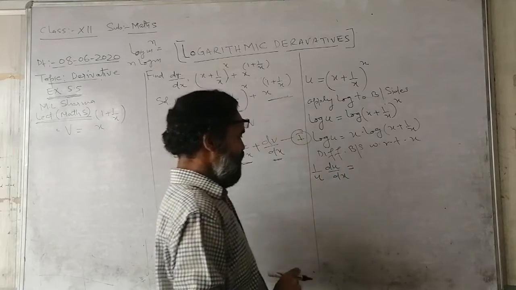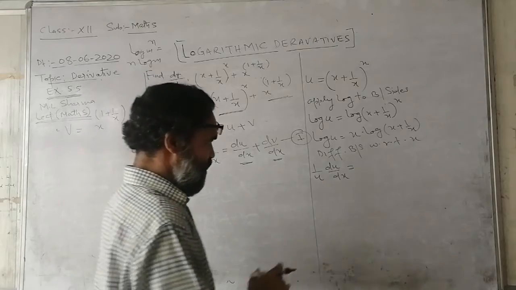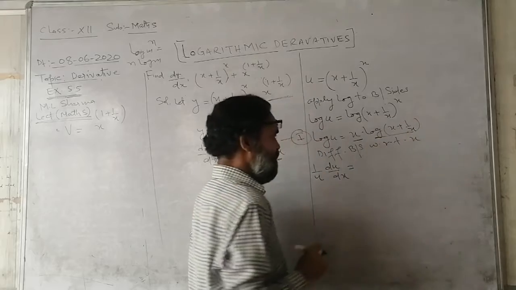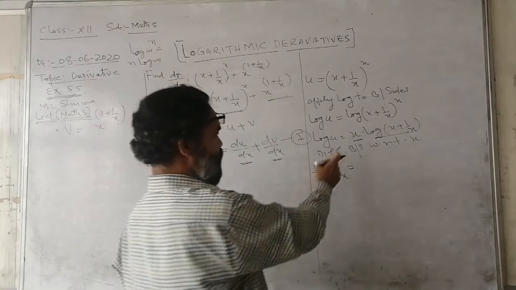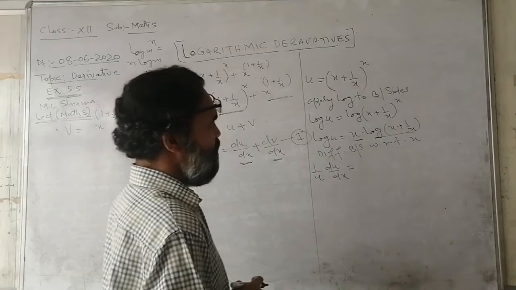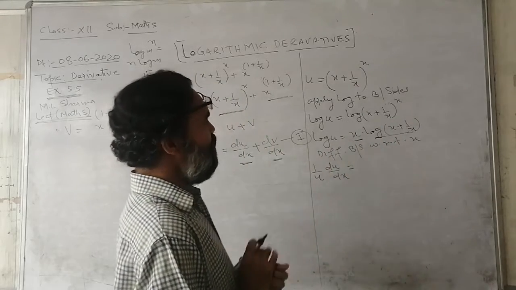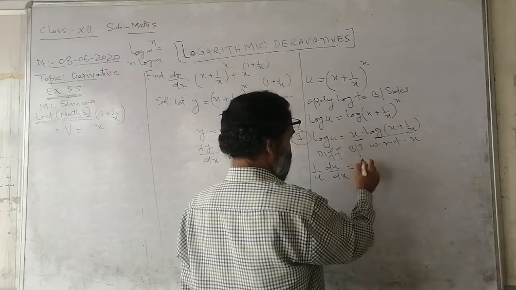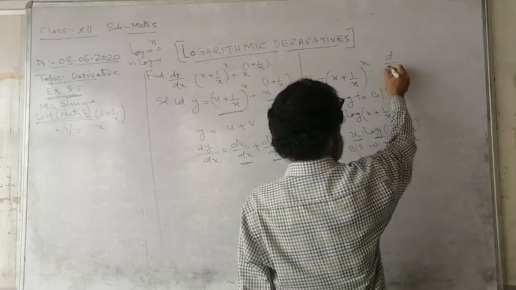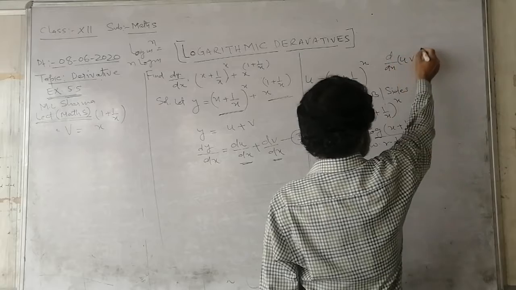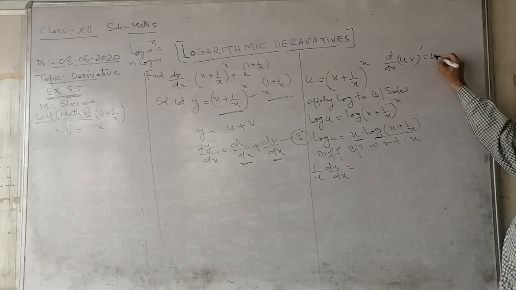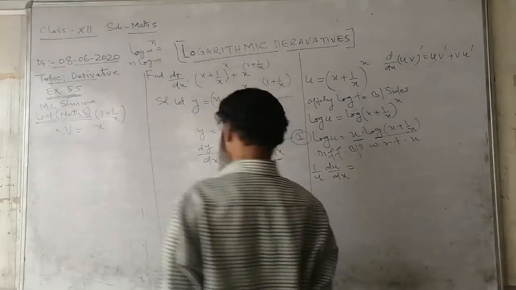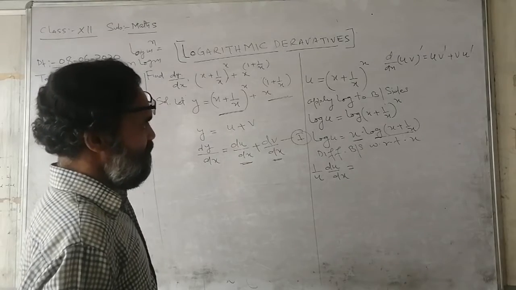This is the derivative of left hand side, and on the right hand side there are two functions. One is x, one is log of x plus 1 upon x. So here I will use the product formula of differentiation. The formula is d upon dx of uv equals uv dash plus vu dash. The same formula was used a few days ago.